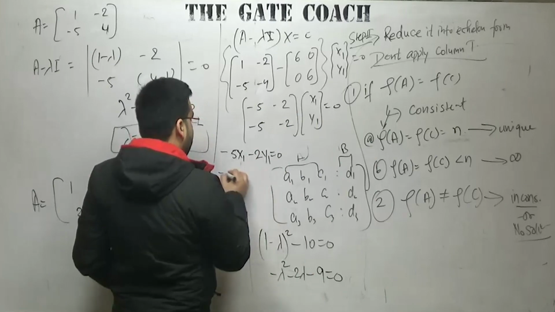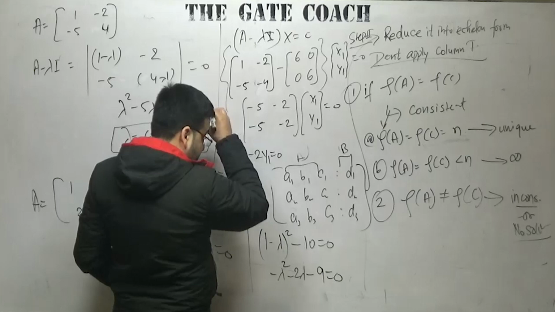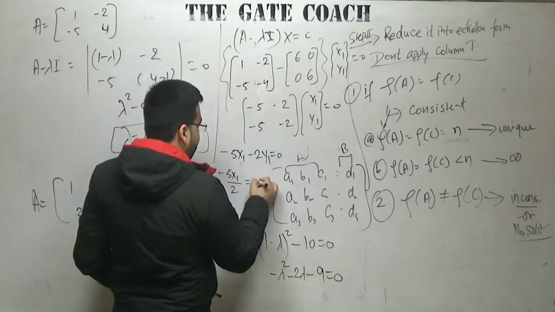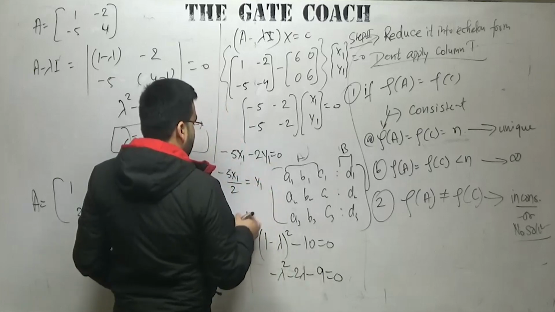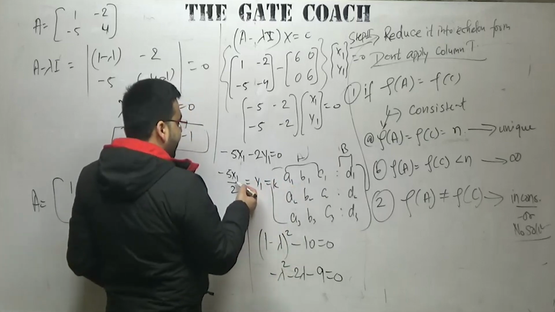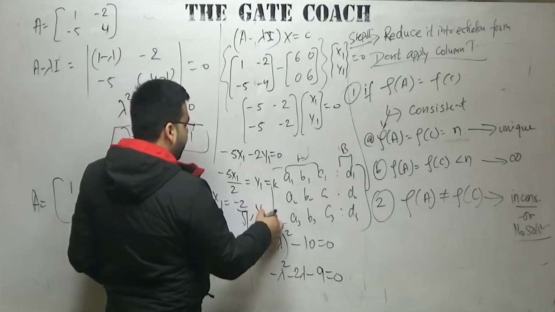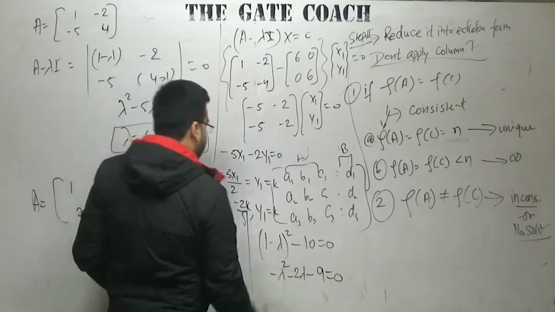Or I can say that minus 5 times of x1 divided by 2 is equal to y1 is equal to some constant k. So I will say that y1 is equal to k and x1 is equal to minus 2 by 5 k.